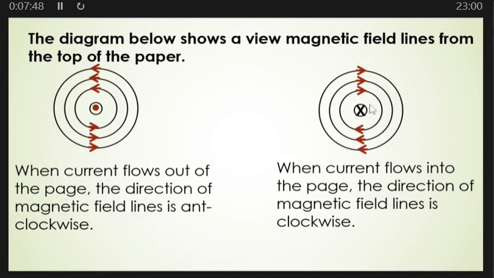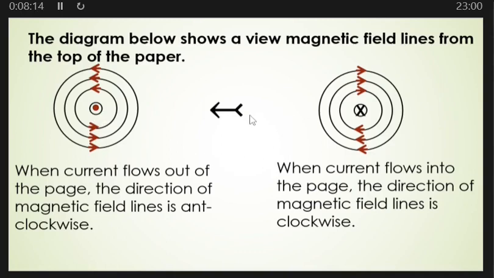All right. So what you have to learn from here is that this arrow actually helps guide us. In this situation, we consider current going out of the page represented by this side of the arrow, which is sharp and pointed, and hence by a dot.